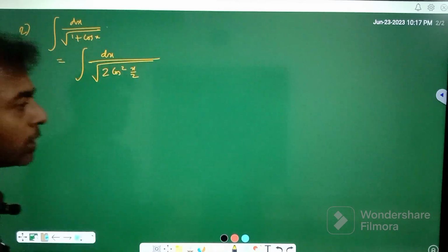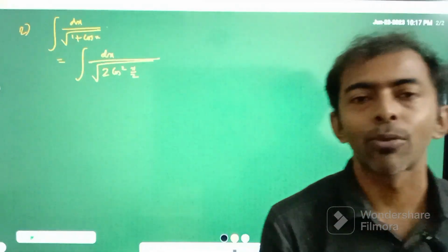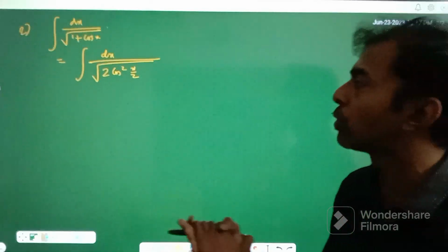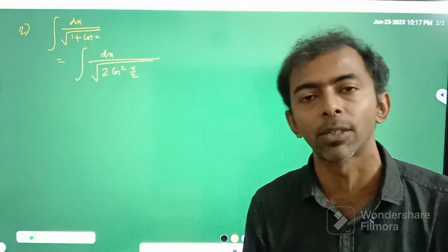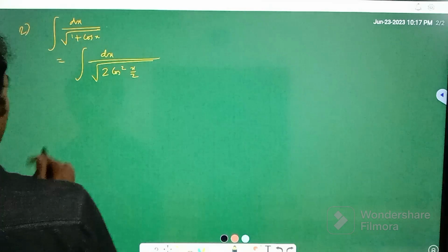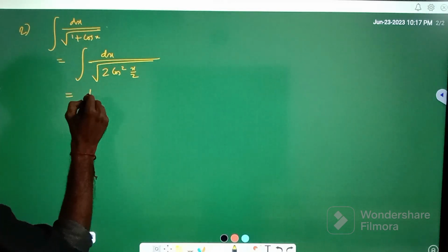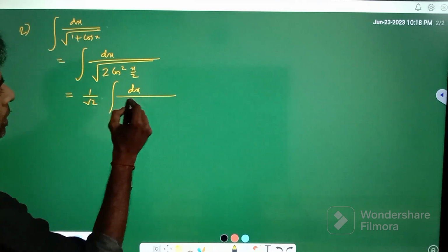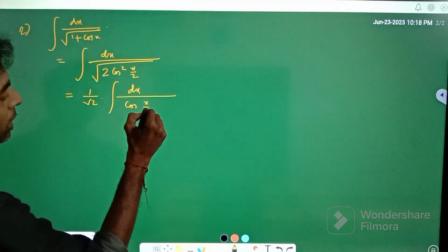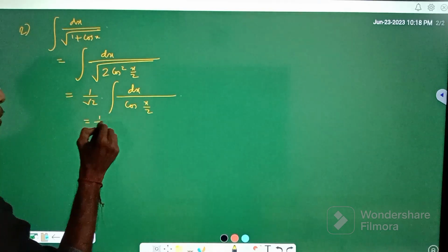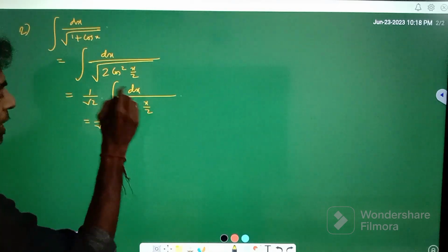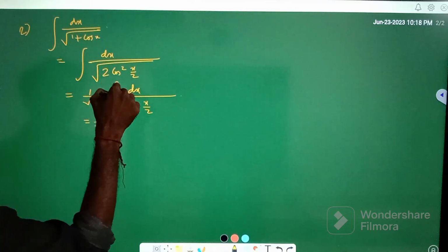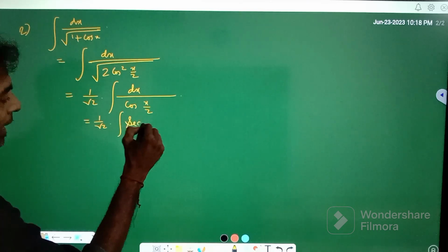We all know that cos 2x equals 2 cos square x minus 1, hence 2 cos square x by 2 will be 1 plus cos x. Very simple. So from this line, we can say that 1 by root 2 integration dx by cos of x by 2. Now 1 by cos x by 2, you all know that is sec x by 2.